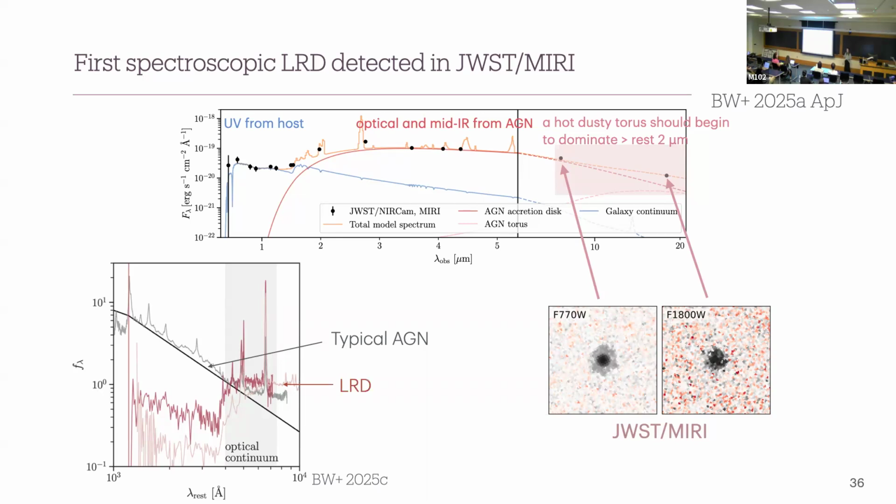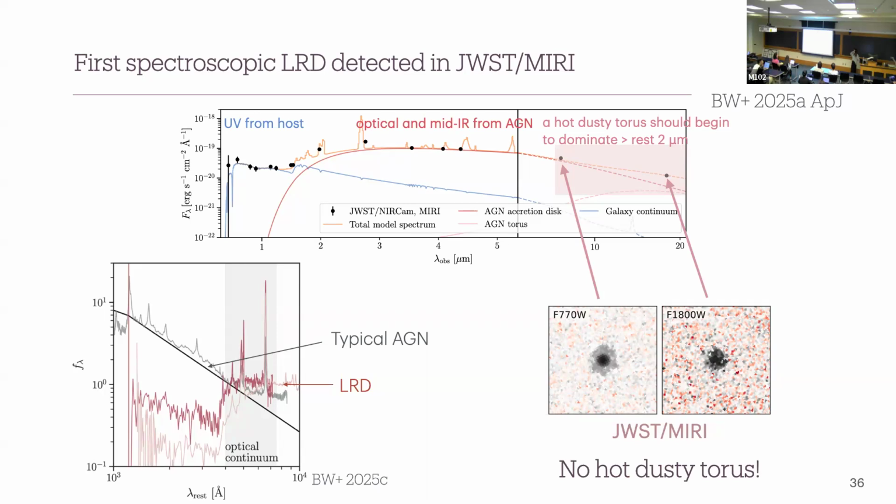And in terms of the standard AGN interpretation, we should be seeing a super bright torus. However, this is not what we see. It flattens out, right? If it's an AGN torus, it should be super bright here. This means it's really strange that we're not seeing any hot dust.